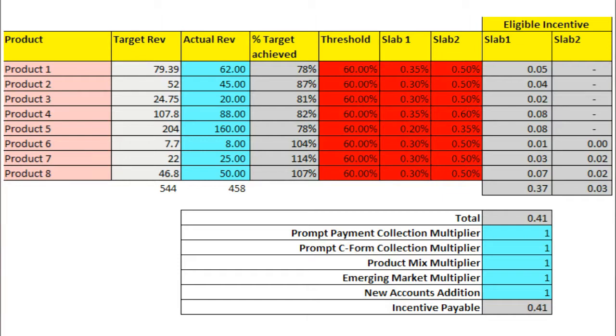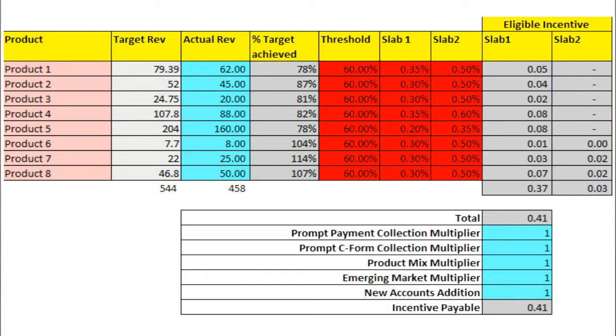And finally, if you see the table below, you see all the different areas which are relevant to the business, which are important. The moment the person delivers on all these areas, the basic incentive calculated for him is topped up with another few percentage points.